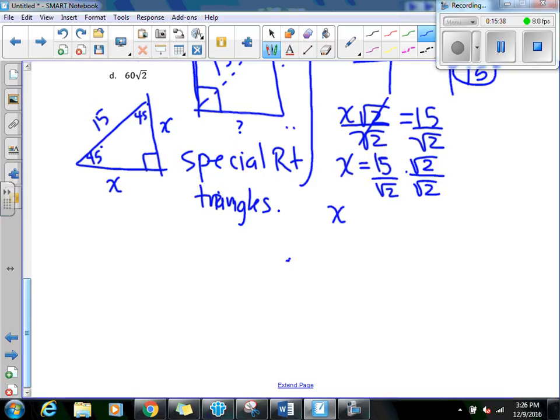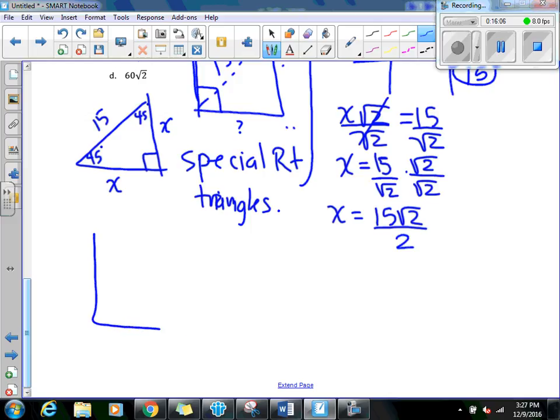So this gives me x equals 15 radical 2 over the square root of 2 times the square root of 2, which is the square root of 4. And the square root of 4 is 2. But remember, we have a shortcut for that, don't we? So when we're multiplying a radical times itself, the shortcut is that it just equals the number under the radical, the radicand. So now I know how long the sides are.